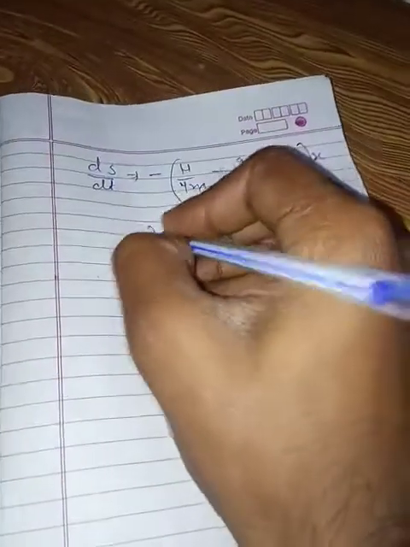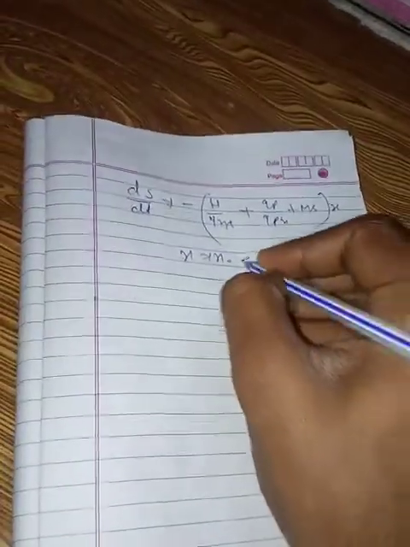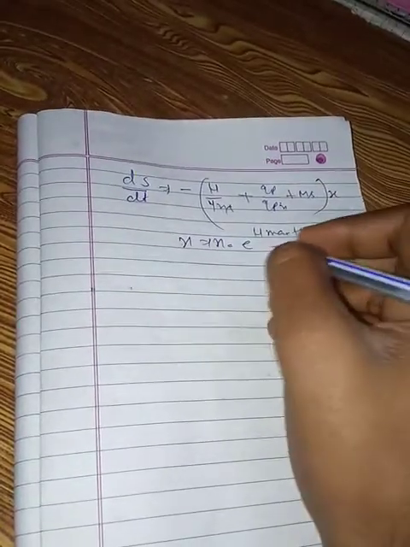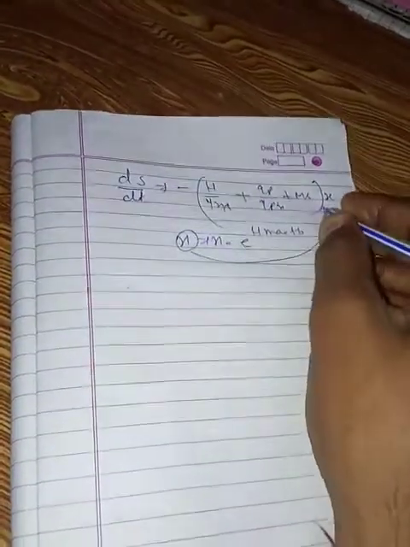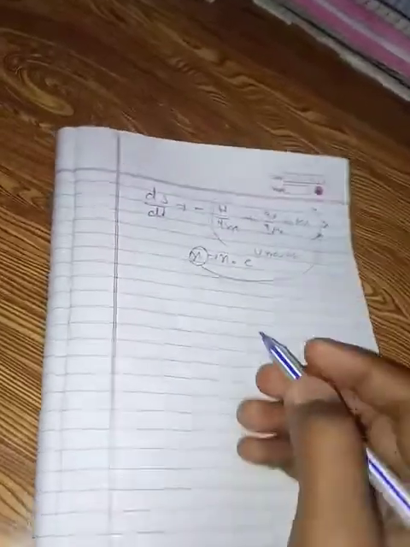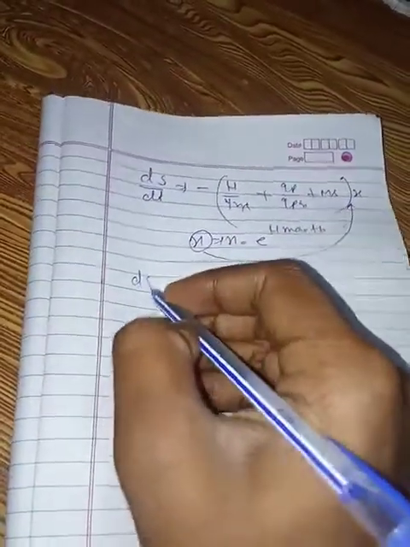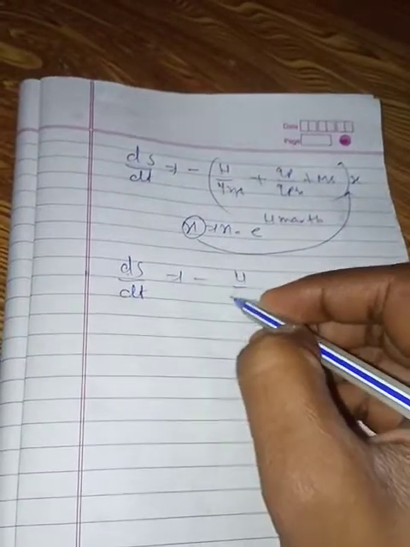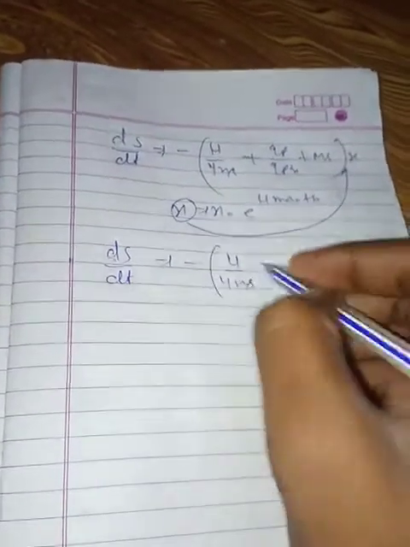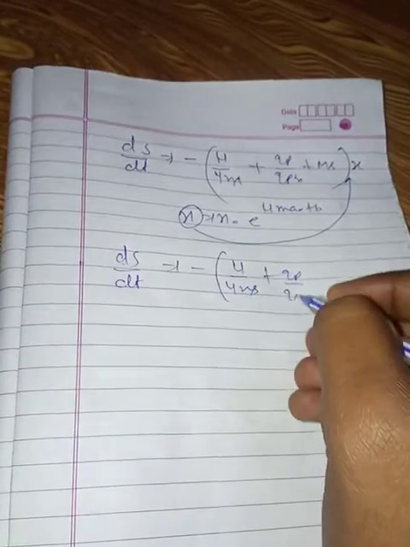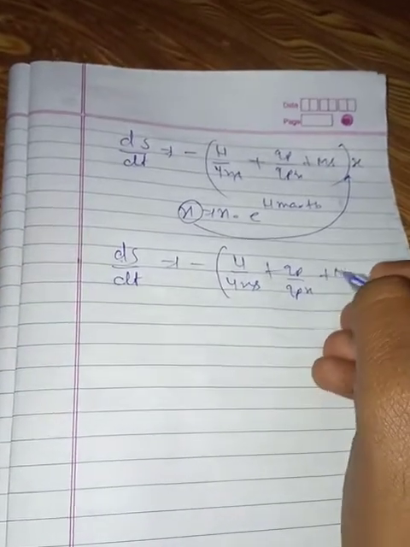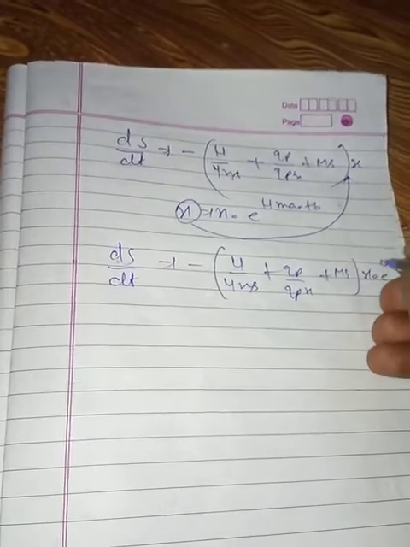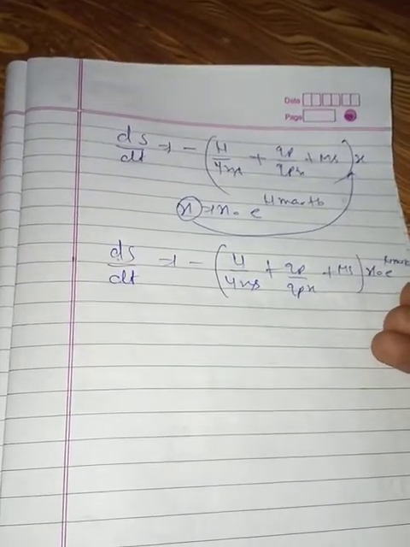So the value of x was x naught e to the power mu max tb. We will put this value of x into this place. Okay, so ds over dt equals minus mu upon Yxs plus qp upon Yp/x plus ms, x naught e to the power mu max tb.